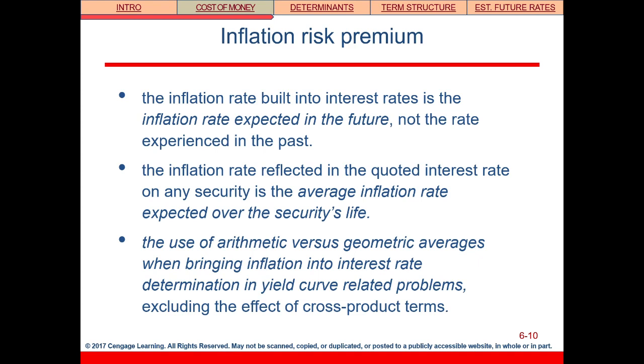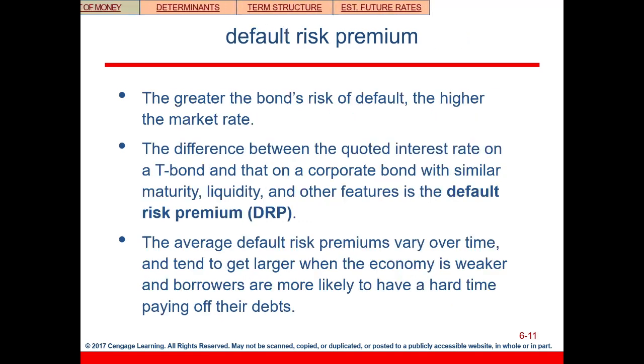But to make the calculations simpler, we just use the arithmetic average. Just the simple average where you add up the inflation rate for each year and then divide by the number of years. So that's how you calculate the inflation risk premium. But I'll give you an example later to show you how to calculate it.